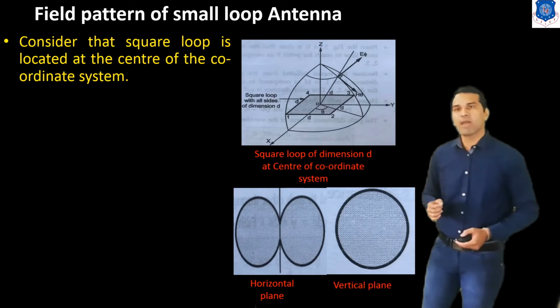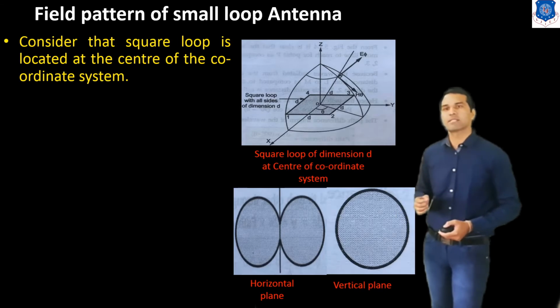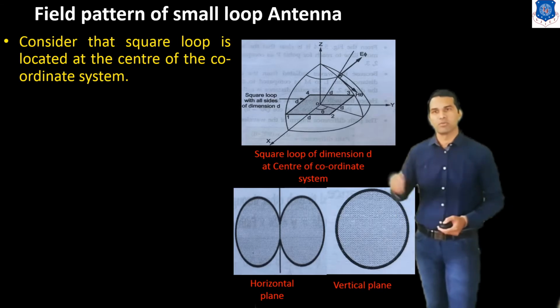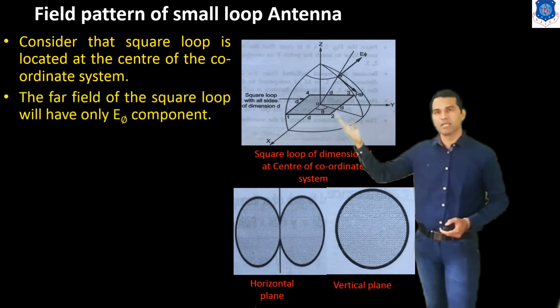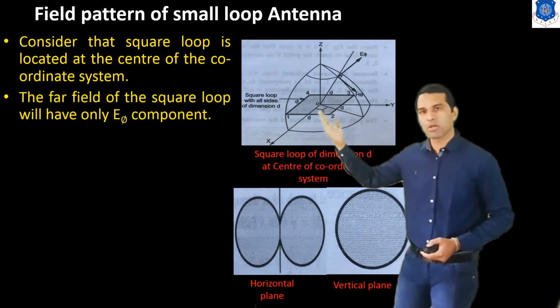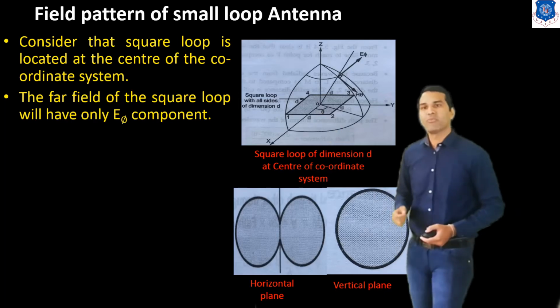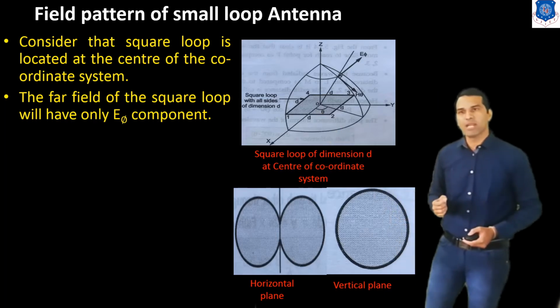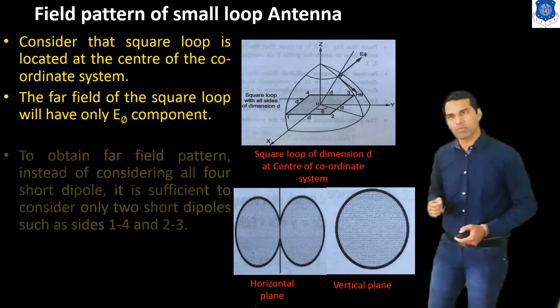Consider that the square loop is located at the center of the coordinate system. In this figure we can see the loop represented at the center of the coordinate system. The far field of the square loop will have only the E phi component.